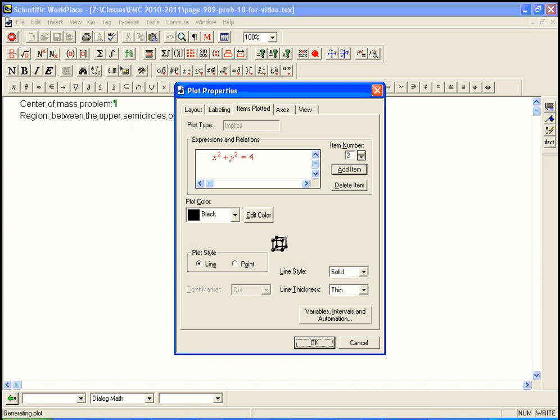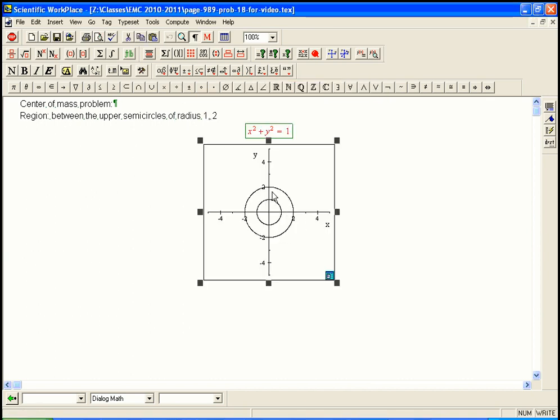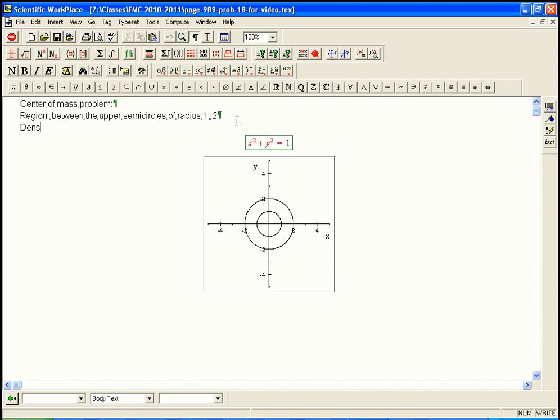Now it's very important it's the upper semicircle portion of the annulus, the ring here, because if it was the whole thing, well, let's see. First, let's look at what the density is. The density function is proportional to the distance from the origin.